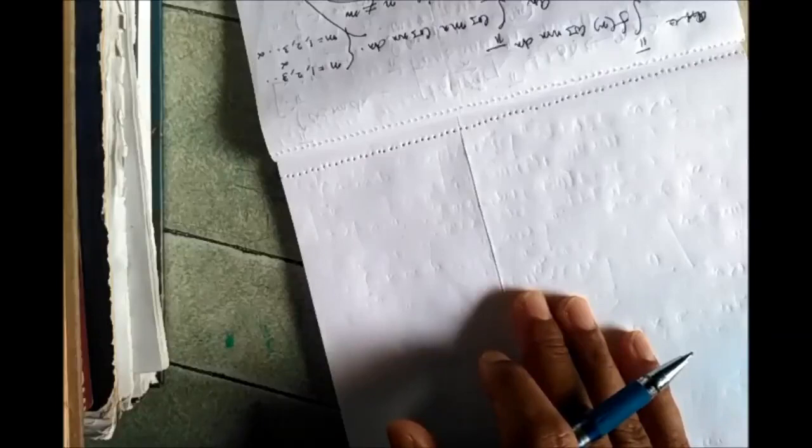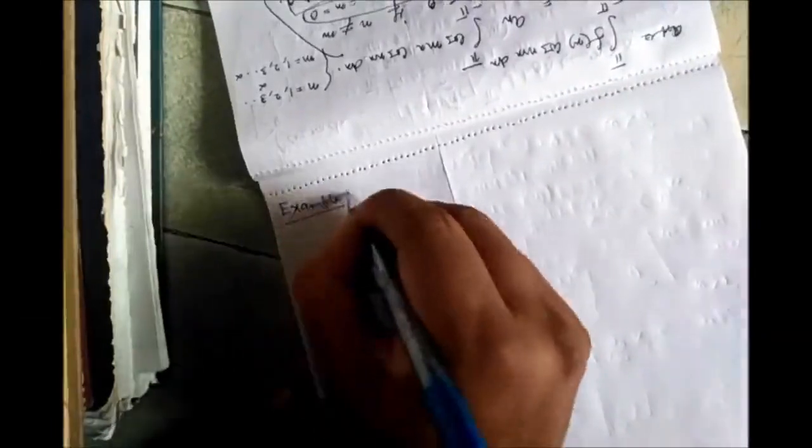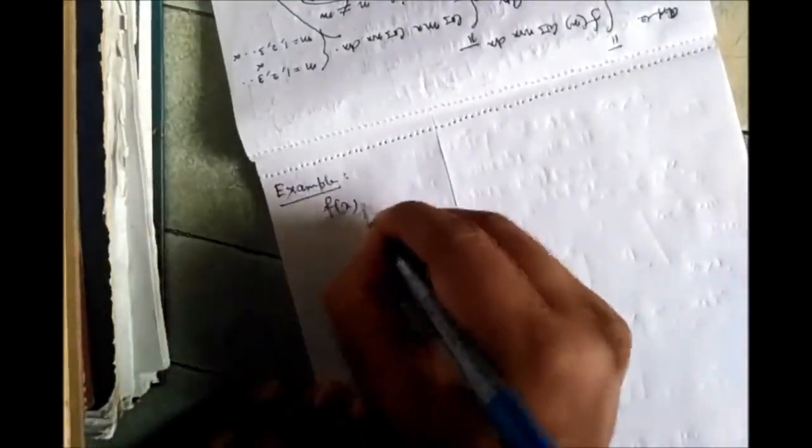Okay, so let us start with an example. Choose a function f(x) equal to x squared, and this function is bounded in the interval minus pi to plus pi.